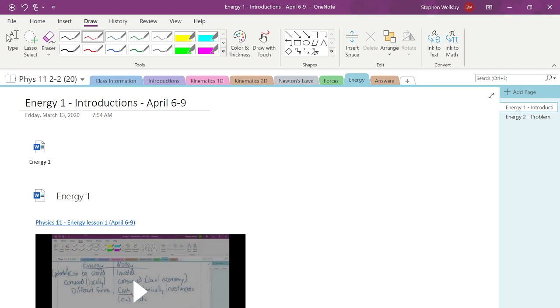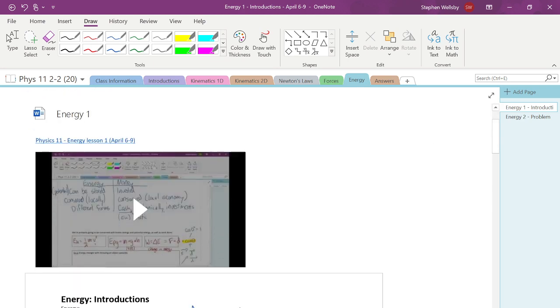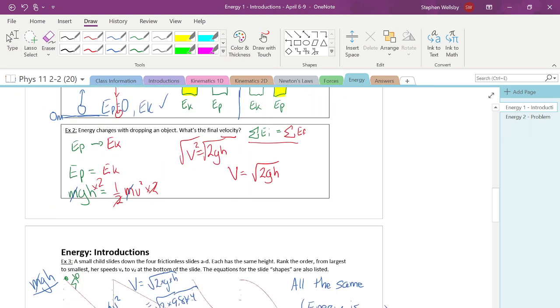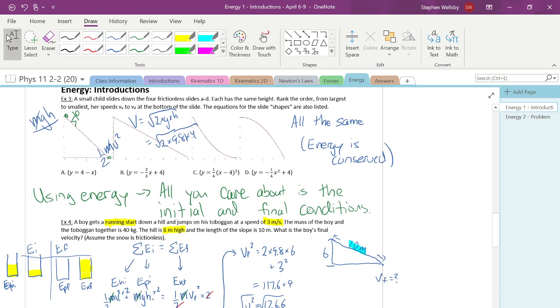Hopefully someone's got a question. How is everyone finding energy as a unit? Was the first lesson fairly straightforward? Is it making sense?